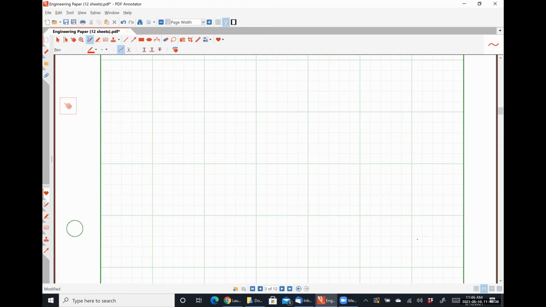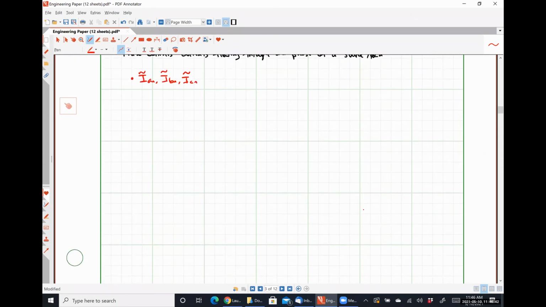Now let's take a look at a delta connected source. So you may see it written out as delta, or as the Greek letter delta, or a triangle.